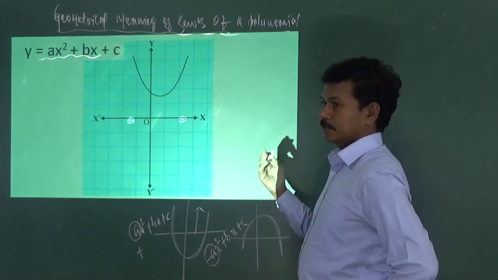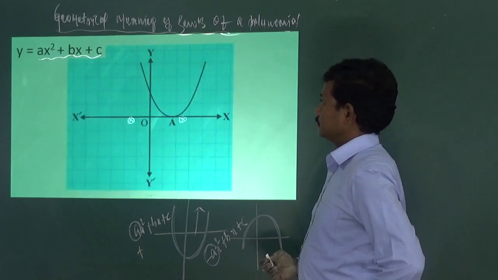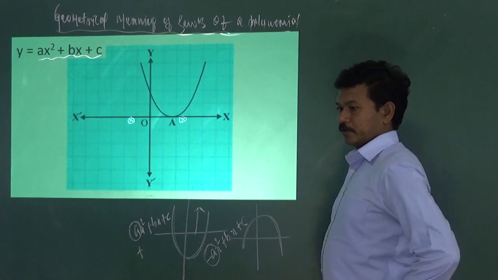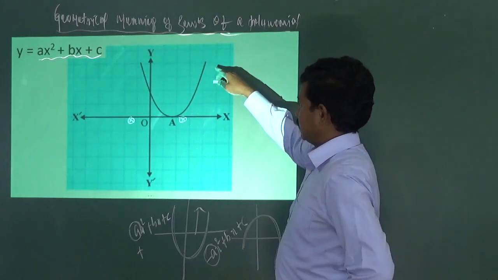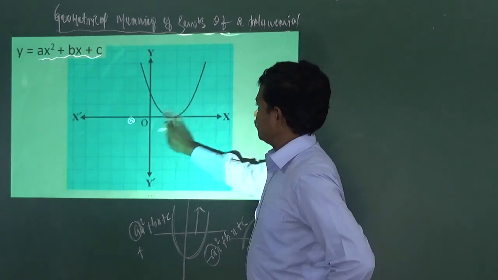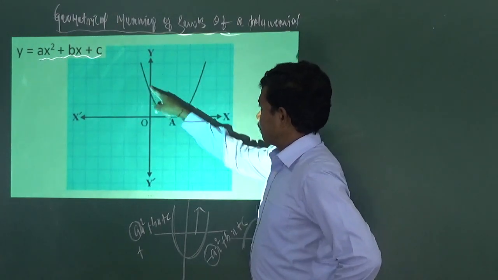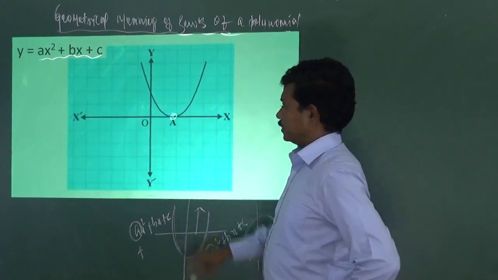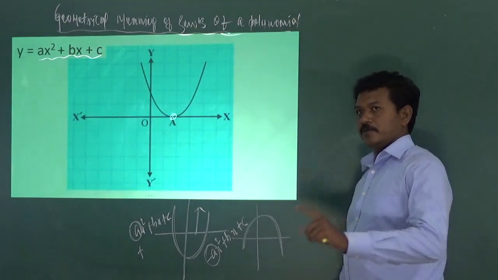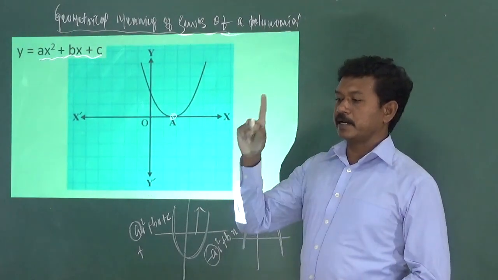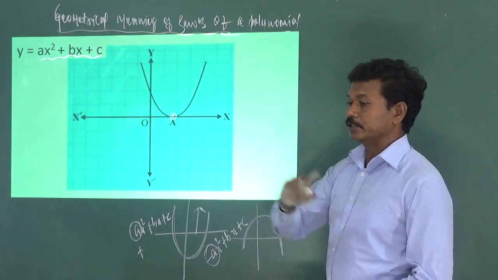Okay. So this is also the graph for a quadratic polynomial. So we have got a parabola. Here you can see, don't get confused, the parabola intersects the x-axis at one and only one point. Remember my words, what I told you: a quadratic polynomial can have at most two zeros.